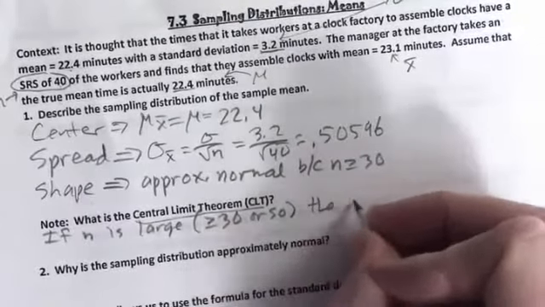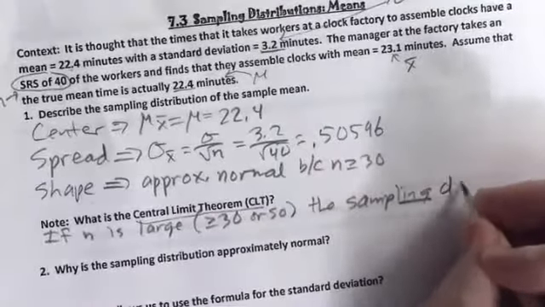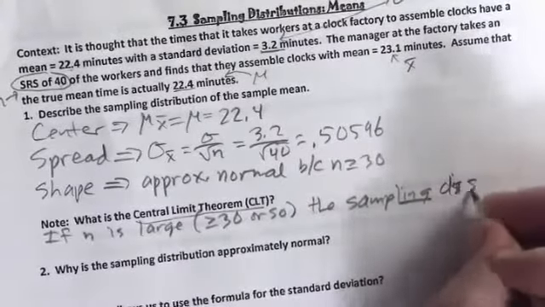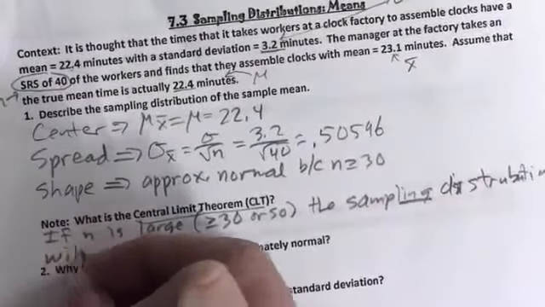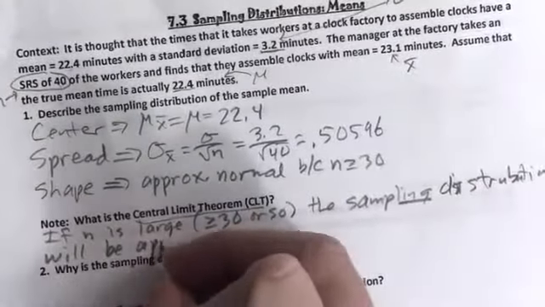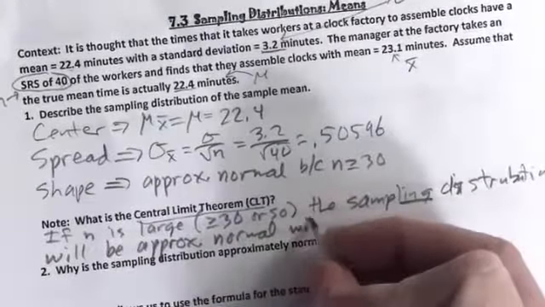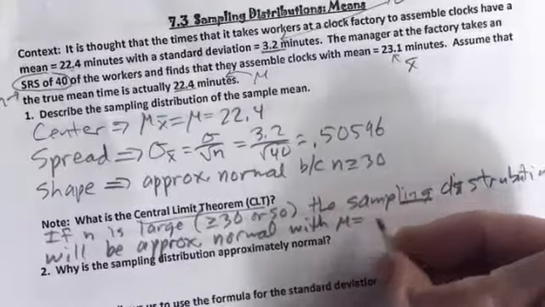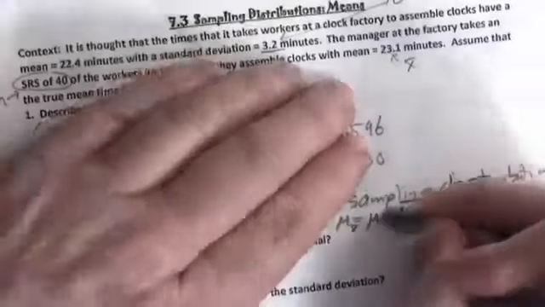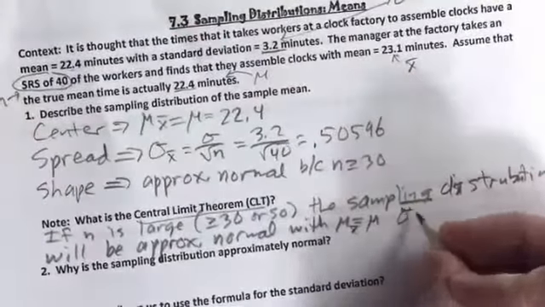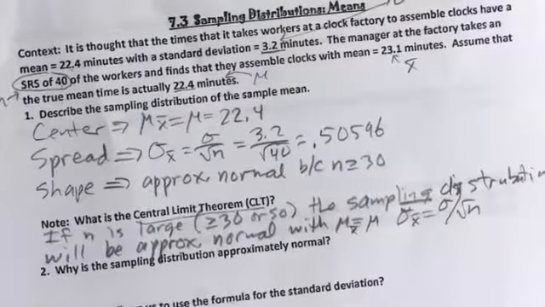Then the sampling distribution, not the sample distribution, the sampling distribution, will be approximately normal, with mean of the X bars equal to mu, and the standard deviation of the X bars, sigma of the X bars, equal to sigma over the square root of n. That is what the central limit theorem tells us.